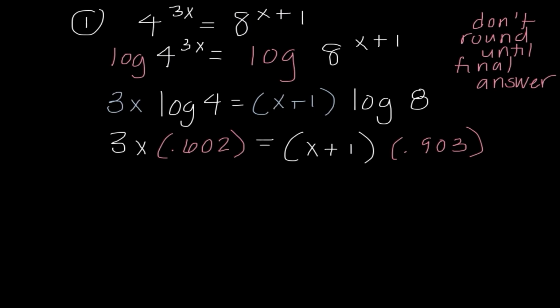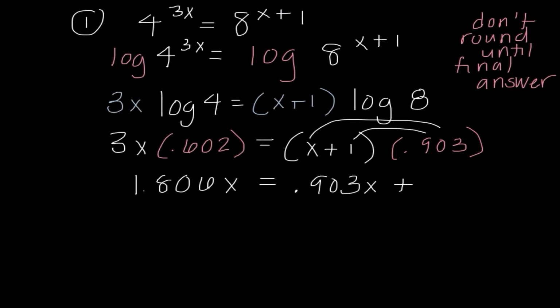So when I do 3x times 0.602, I would get 1.806x. When I distribute, I get 0.903x plus 0.903.